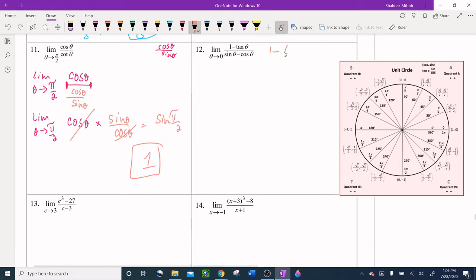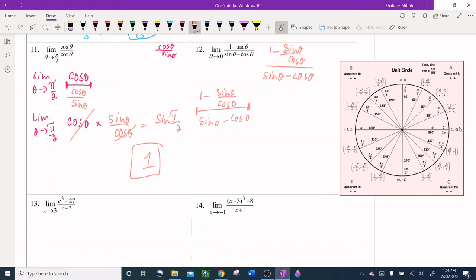I don't have tangent in the unit circle, so I'm going to write it as sine theta over cosine theta. So I'm going to plug in 0 first: 1 minus sine 0 over cosine 0, and in the bottom, that's my big fraction, sine 0 minus cosine 0.